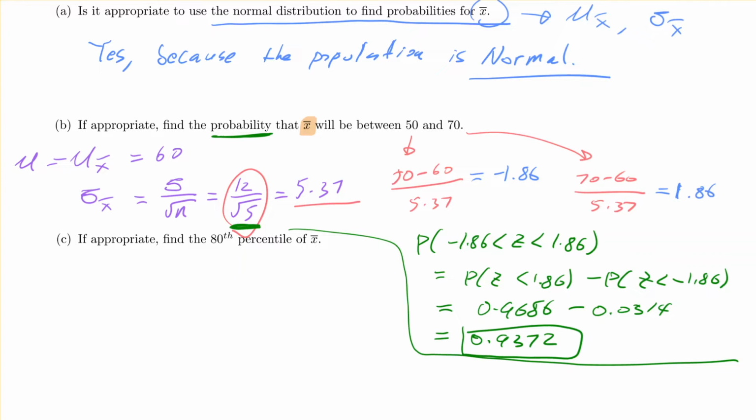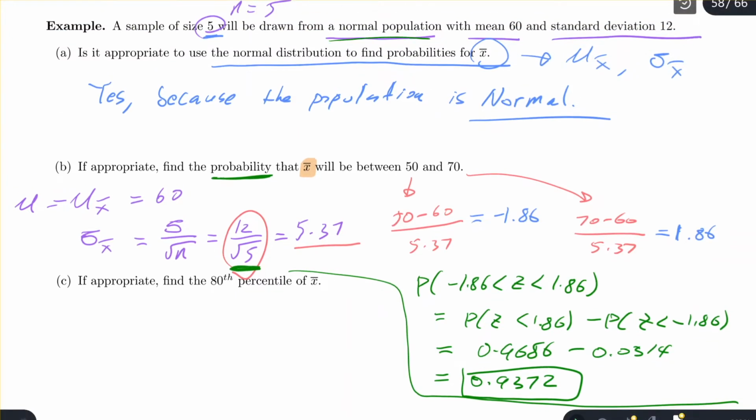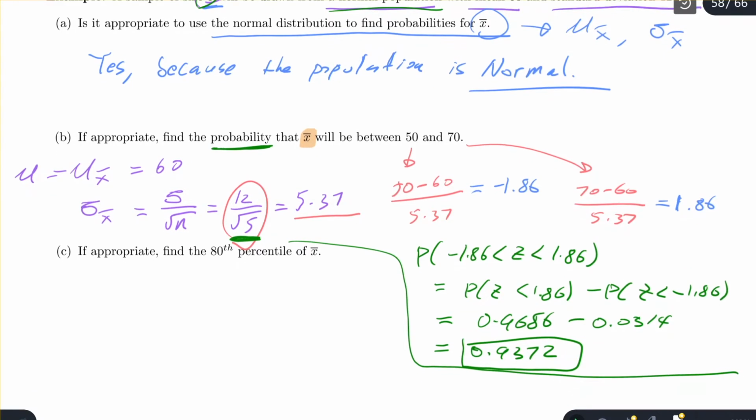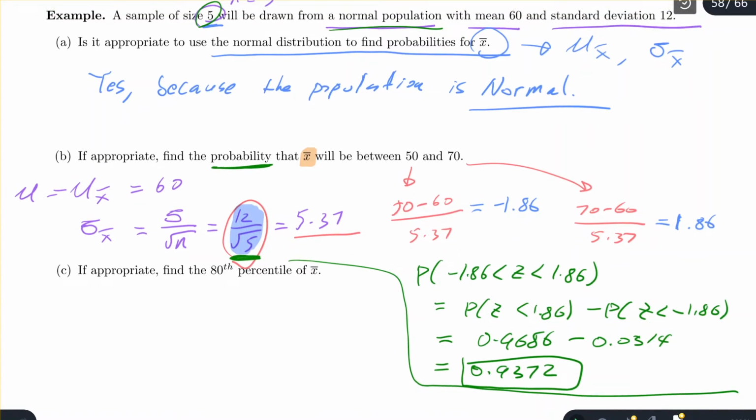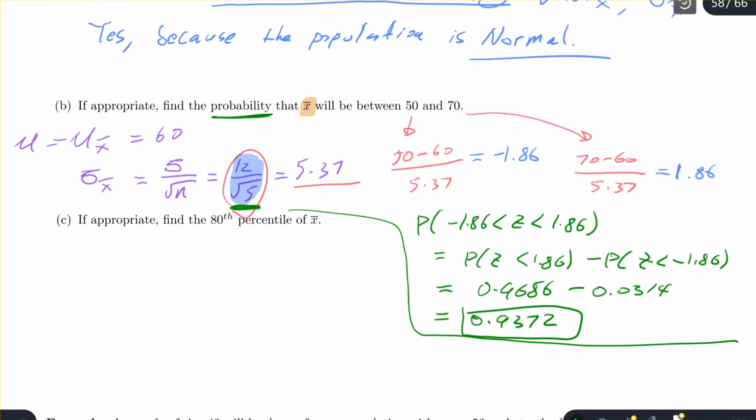We're not selecting one individual in these problems. We're selecting 5, drawn from the normal distribution. That's why the standard deviation is also changing, because we're not selecting 1, we're selecting 5. So the probability of the mean of those randomly selected 5 being between 50 and 70 is 0.9372.